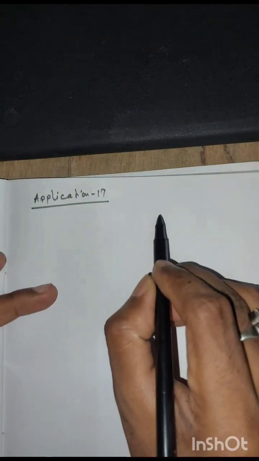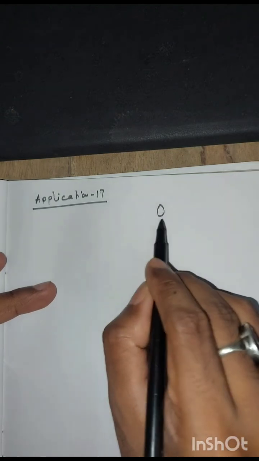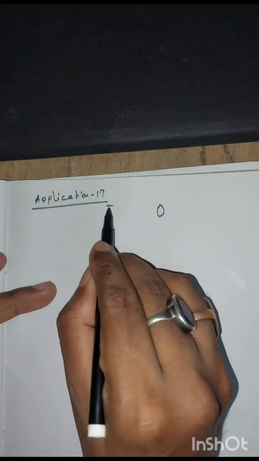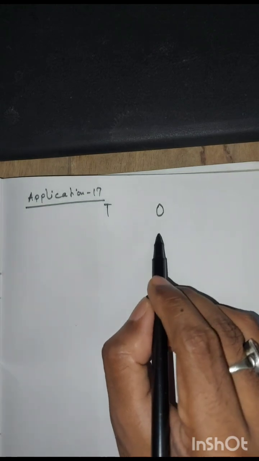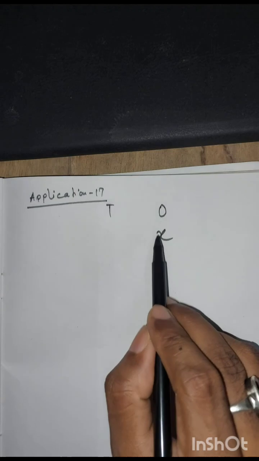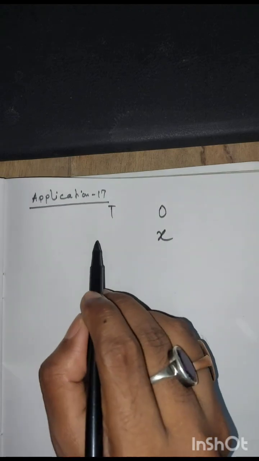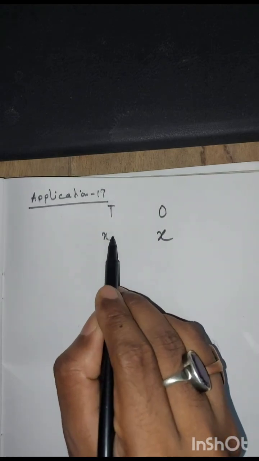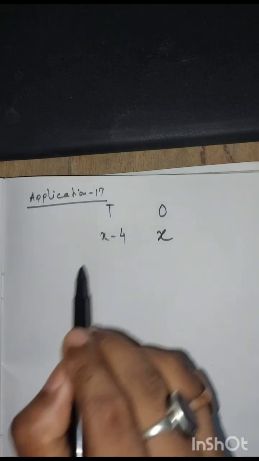So let us write the number. It looks like this: this is ones place, this is tens place. The number looks like this. The digit in ones place is x, so the digit in tens place will be x minus 4.